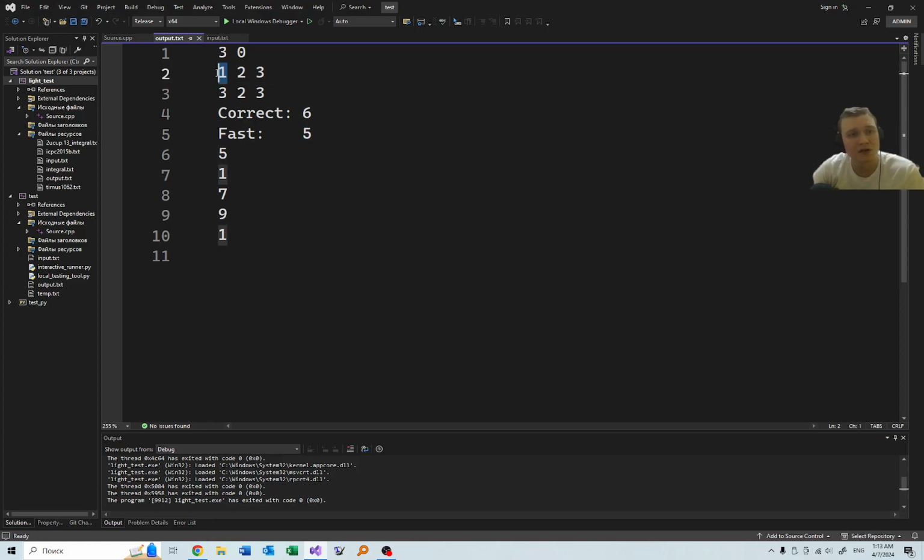So we pass our ball to the second person in 3 seconds, and then the second passes the ball to the third person in 2 seconds. No, it should be correct.